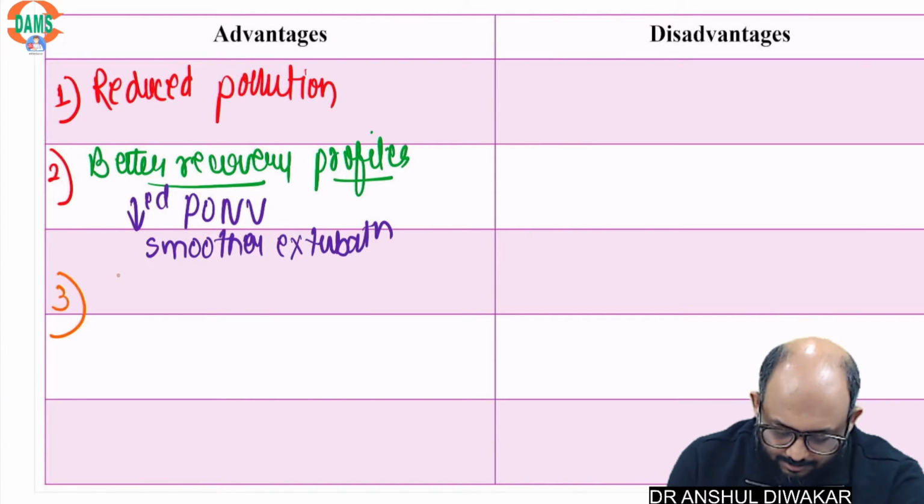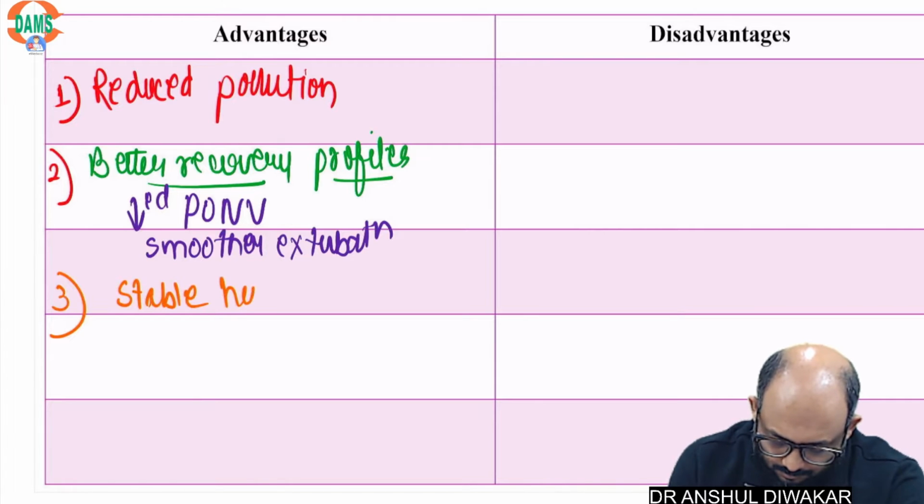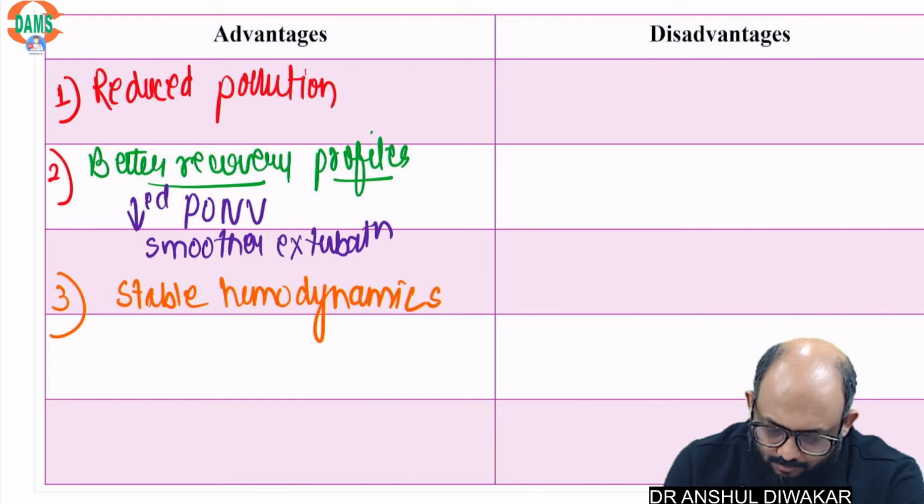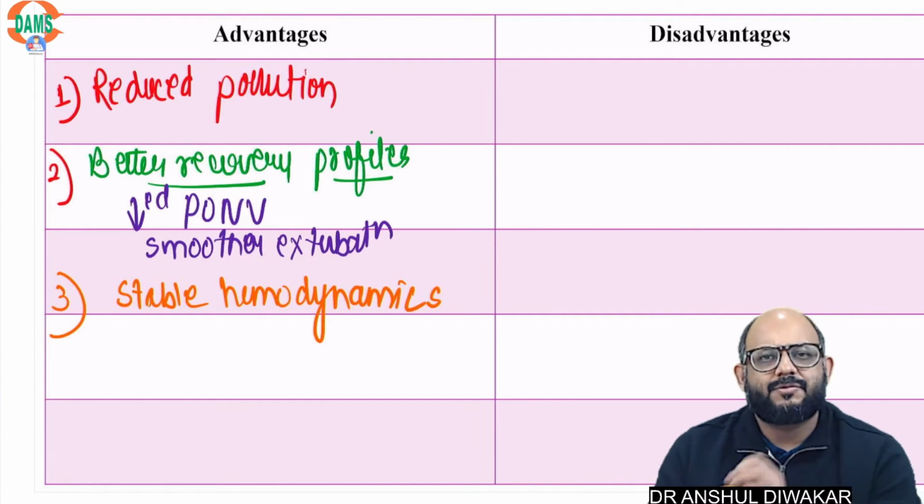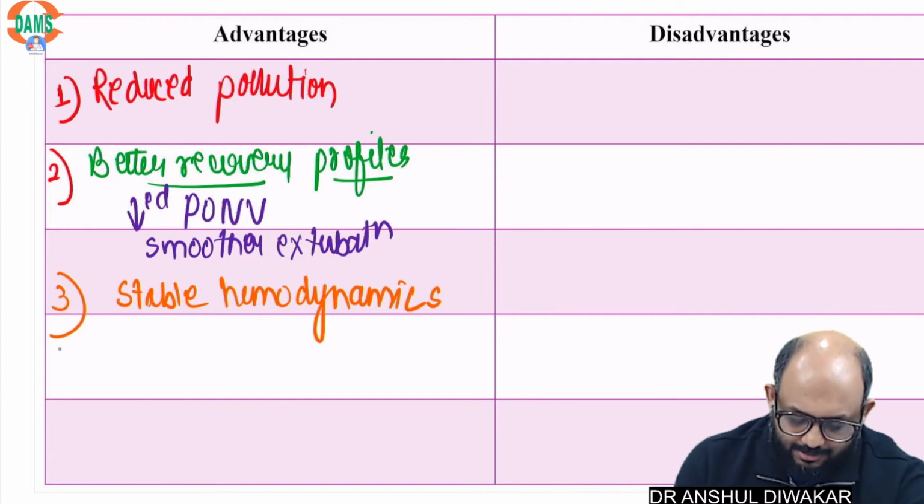There is smoother extubation. Then stable hemodynamics. A combination of propofol or etomidate along with remifentanil gives very good hemodynamic stability.